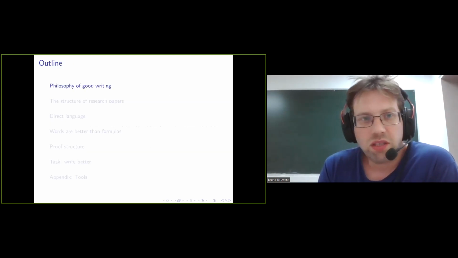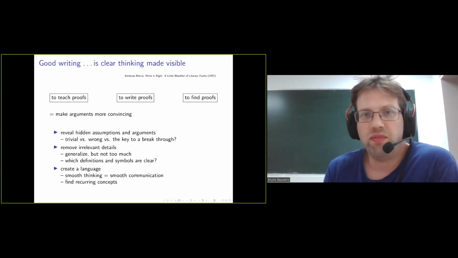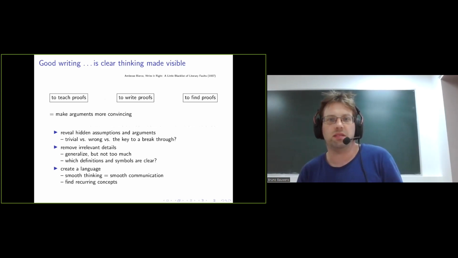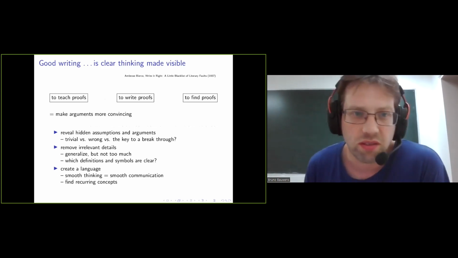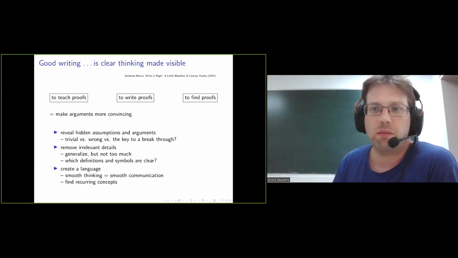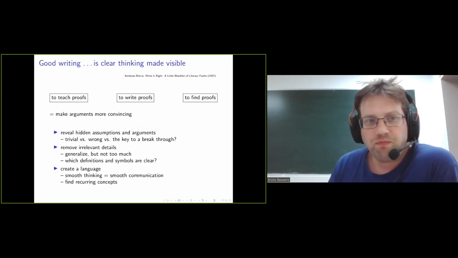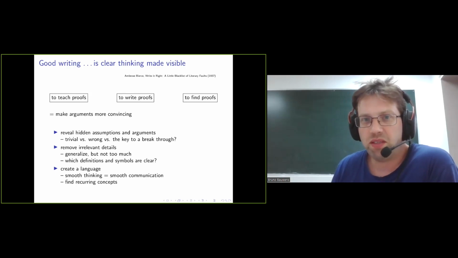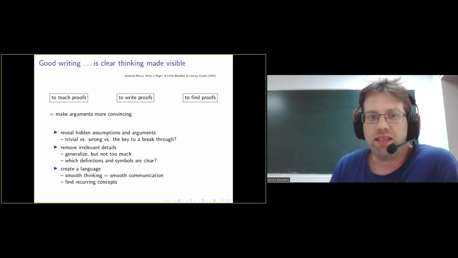Okay, so let's go with the philosophy. I expected that you are PhD students and you want to have an academic career. And people think I need to be able to write well in order to be able to publish my papers. But actually the reason is much more important.